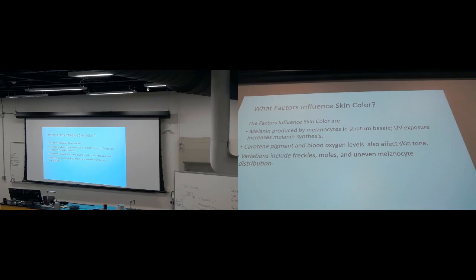If you have permanent deposits of melanin in the skin, it can be freckles, moles, or uneven melanocyte distribution, including the lack of melanocytes in certain areas of the skin. The melanocytes derive from cells called neural crest cells. Some cells don't migrate, and they leave a white spot in the skin.